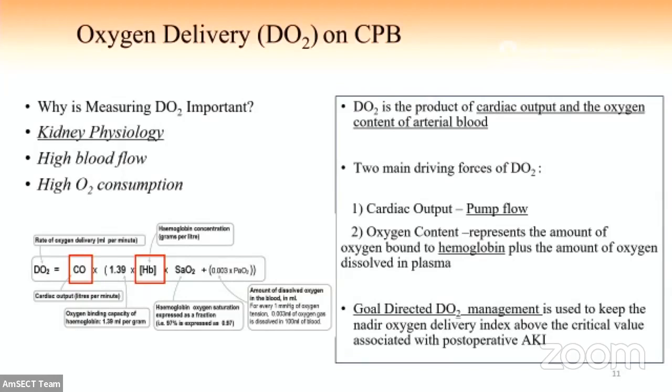But DO2 is a product of cardiac output and the oxygen content of your arterial blood. 2 main driving forces are your cardiac output and hemoglobin, very important. Many of us have goal-directed DO2 management strategies and protocols too. It's used to maintain our nadir DO2 above the nadir level or the lowest level.